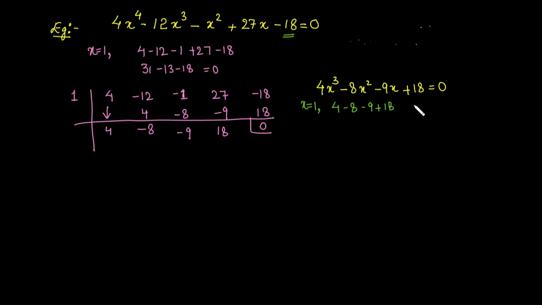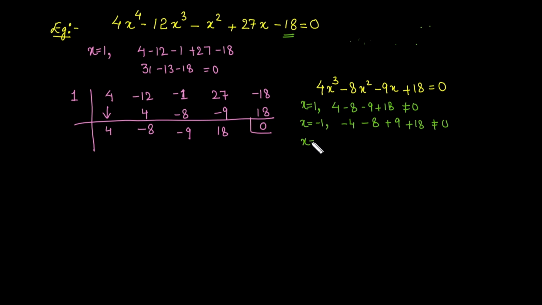You can check it. This is never equal to 0. If you take x is equal to minus 1, we have minus 4 minus 8 plus 9 plus 18. Again we are not getting 0. So it means x is equal to 1 and minus 1 are not roots of this equation.